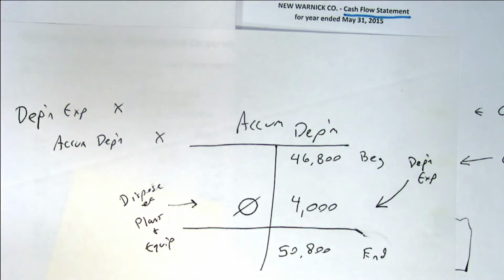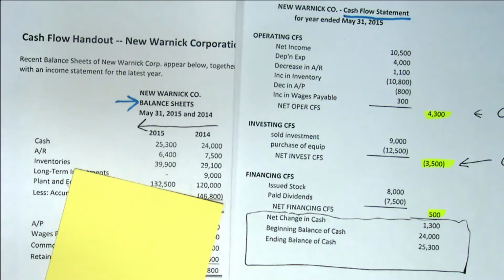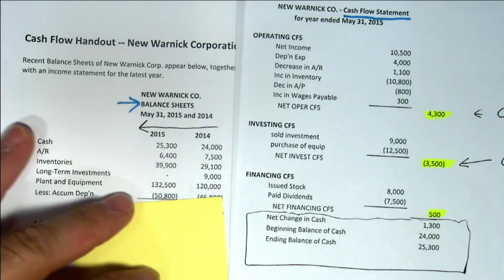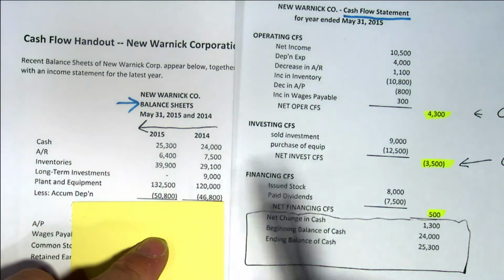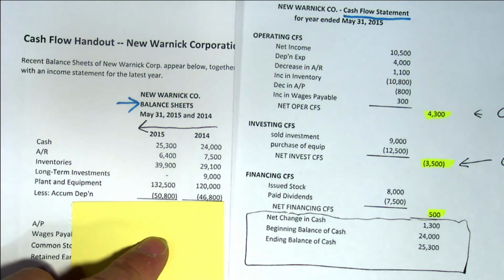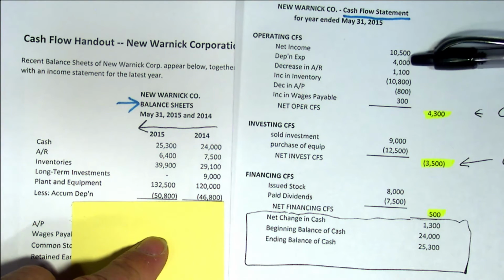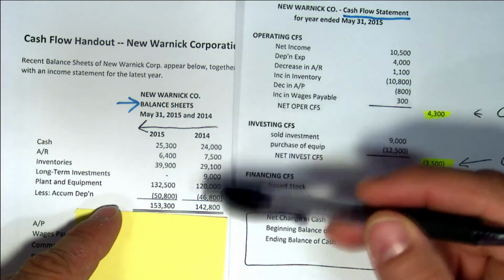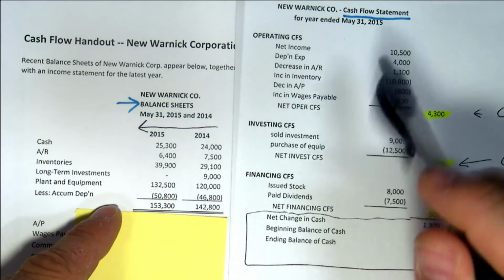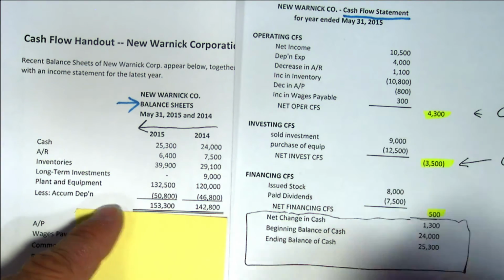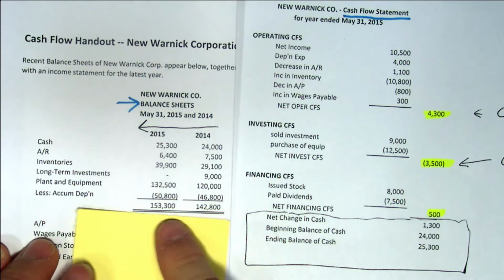Okay. So back to my original question. Did we account for this change in accumulated depreciation somewhere on this cash flow statement? Yes, we did, right there. Correct? Okay, so every change in every asset account and every contra asset is somehow represented over here. Is that correct? Now let's go through the bottom half of the balance sheet.